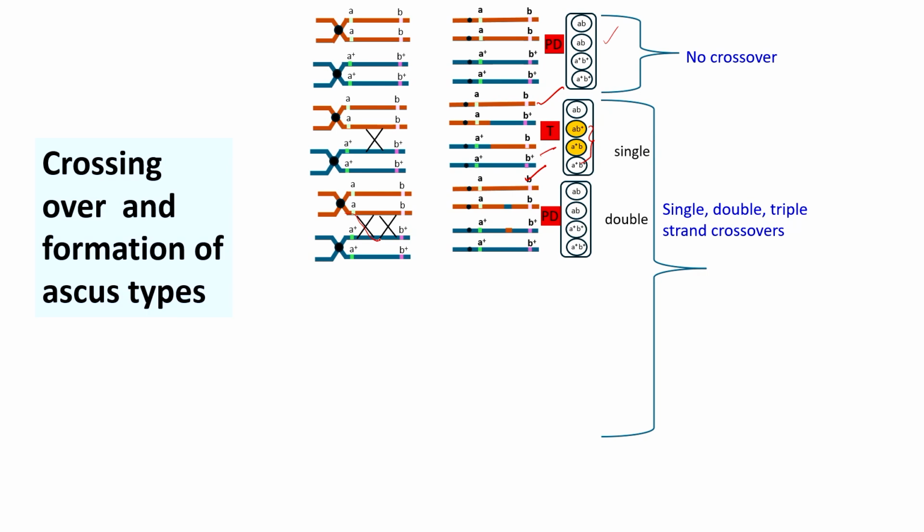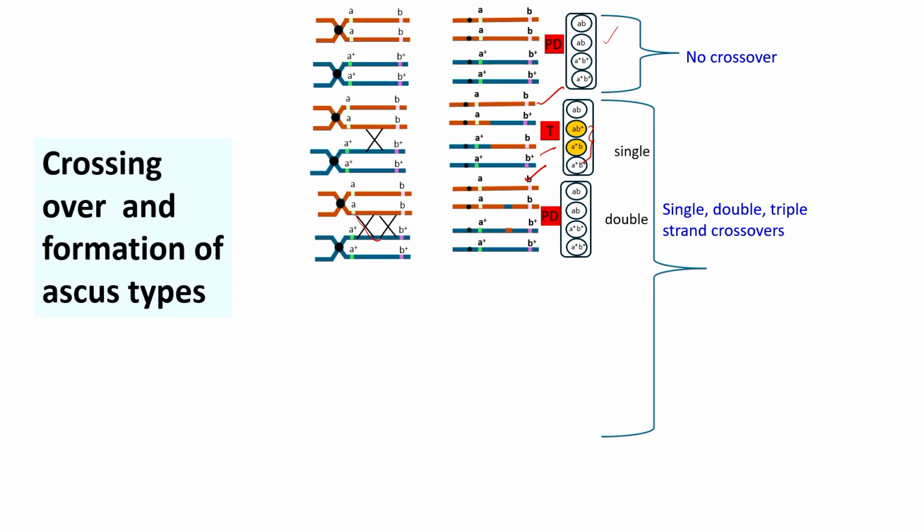Now, if there is one recombination, pay attention, it is very easy. Then you have these parental type sister chromatids that eventually become chromosomes without any recombination, and you have 2 recombinants, and that is why you have the tetratype. If you have 2 crossovers but involving 2 sister chromatids, then what is happening?